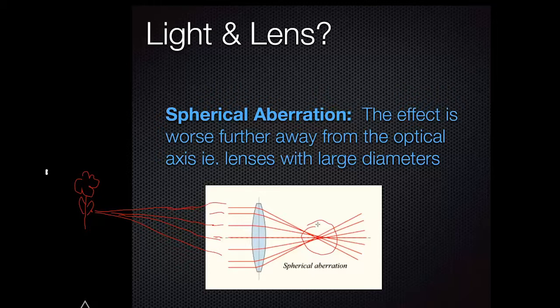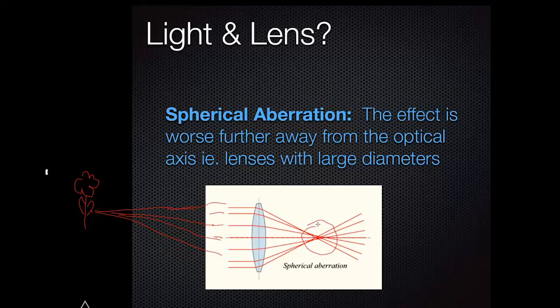So the effect, so spherical aberration, the effect is worse further from the optical axis. So it's especially a problem with lenses with large diameters, where there's more light coming from further away from the optical center.